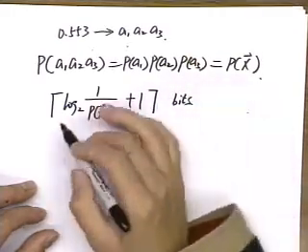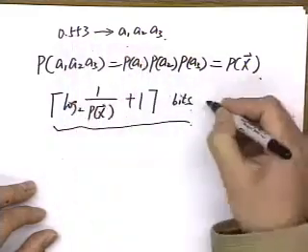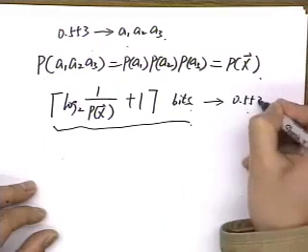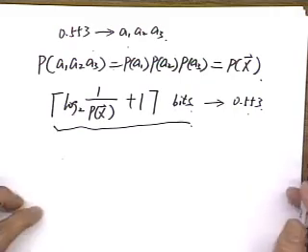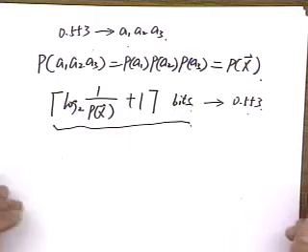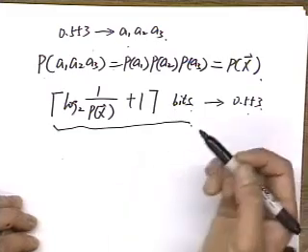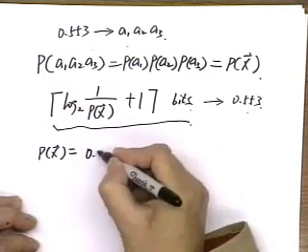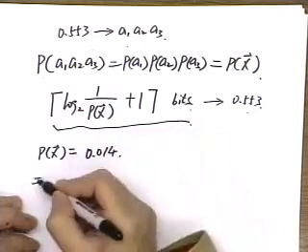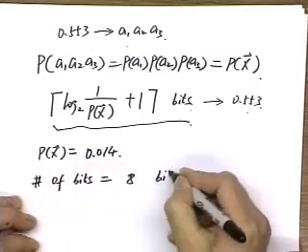So we use that many bits to represent this real number. And it is also proven that by using this, we can uniquely generate a bit sequence for each real number. So in our example, px is equal to 0.014. So the number of bits we compute is 8 bits.